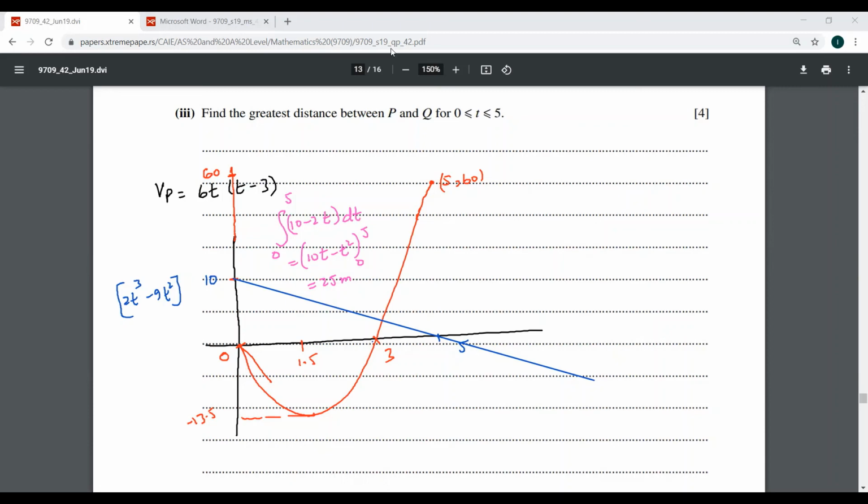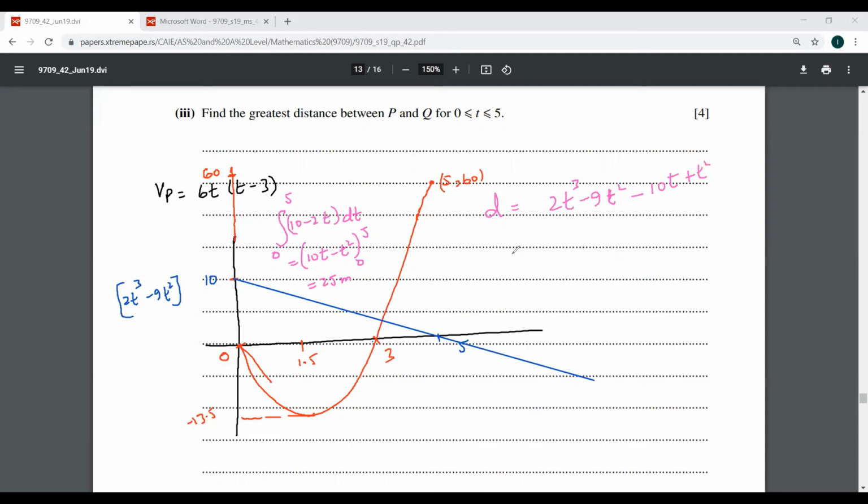So this is 2t cube minus 9t square. What was the integral of that? 10t minus t square. So minus 10t, this is plus t square.